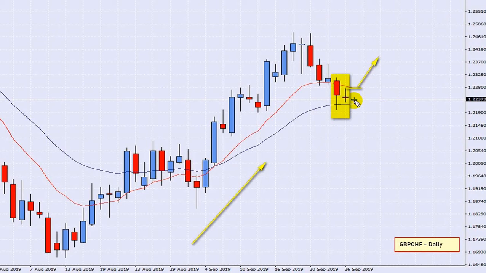What I'm looking for now is I need this candle to rise, come up and break through this level here. When it breaks through, then I'm triggered into the trade. However, if it should come down and break that bottom bit there, then I have to cancel out the pending order. So essentially now I can place a pending order right there in the market to trade in this direction.